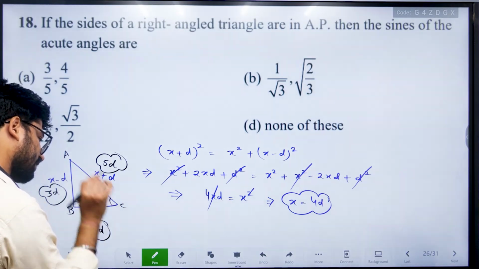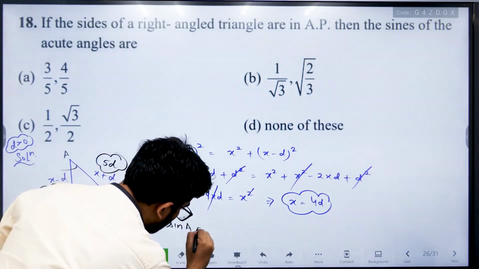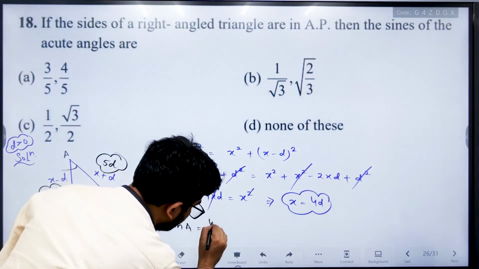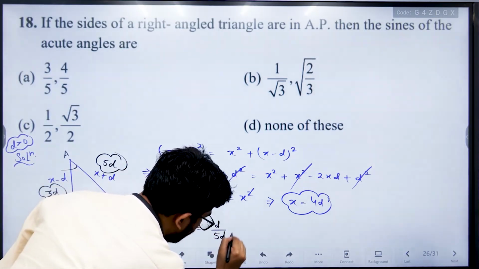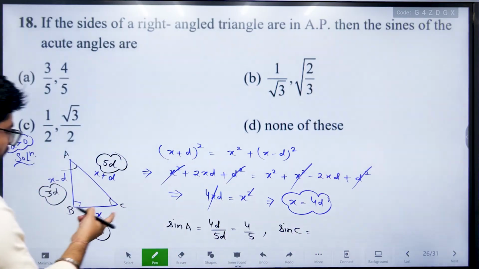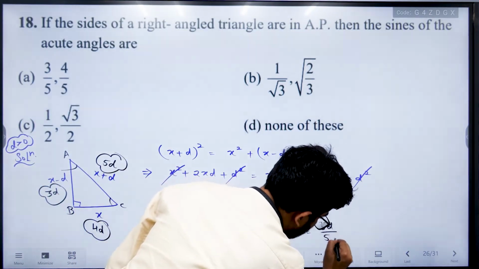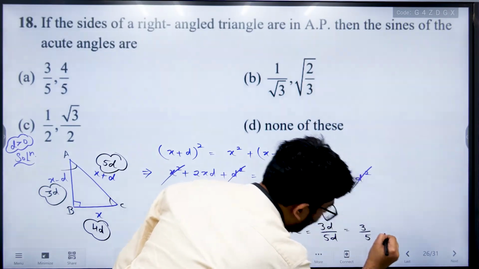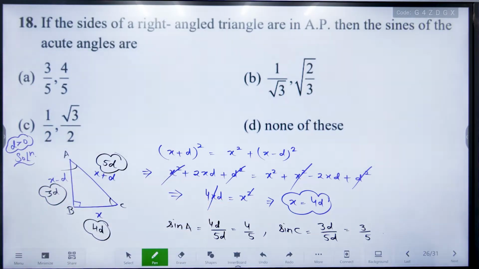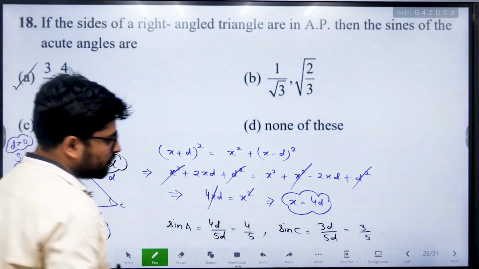The acute angles are C and A. Sine A is perpendicular BC, that is 4d, upon hypotenuse 5d, so 4d upon 5d is 4 by 5. Similarly, sine C is 3d by 5d, which is 3 by 5. So the sines of the acute angles are 3 by 5 and 4 by 5. So the final answer is A.